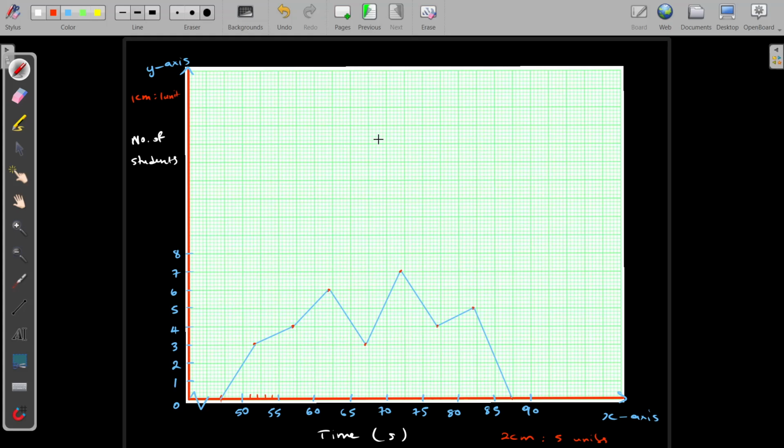So this is just the frequency polygon of time taken for students to finish a race.